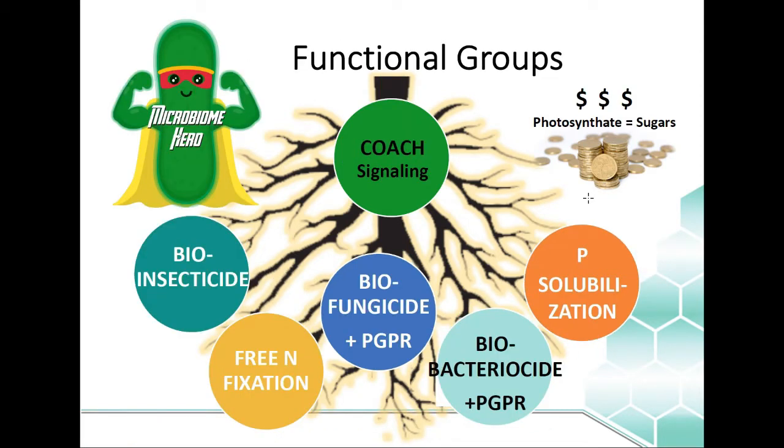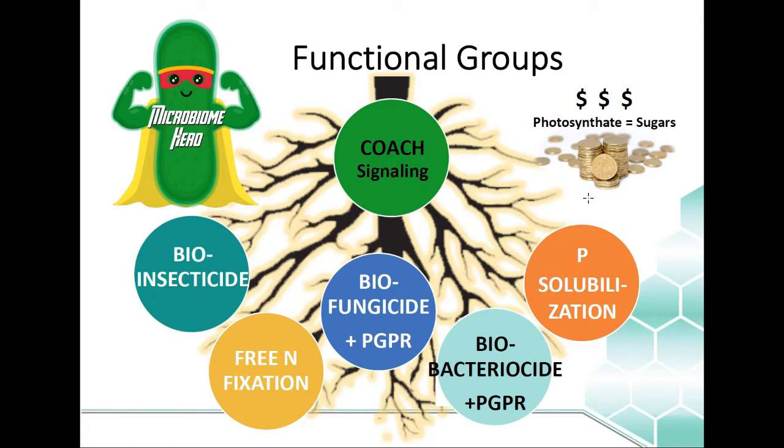So let's look at the different functions as I discussed. All the microbes in the rhizosphere perform a specific function. So the functional groups that we've been able to identify in the rhizosphere is obviously first the endophyte that is very central to signaling between the plant and the rhizosphere microbes.